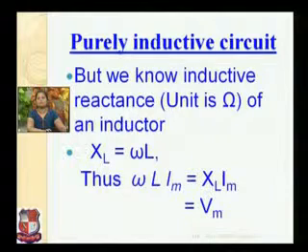Now according to Ohm's law, V is equal to IR, where R is the resistance, but when you consider the inductive circuit, instead of resistance you have to consider the effect of inductive reactance, which is XL. So IXL is nothing but similar to IR in a resistive circuit, so it will give you the value of voltage. Here we are considering Im, means maximum current.